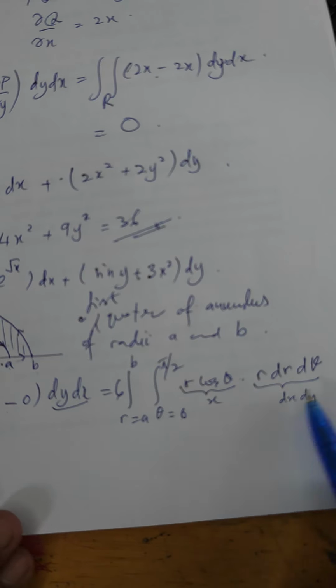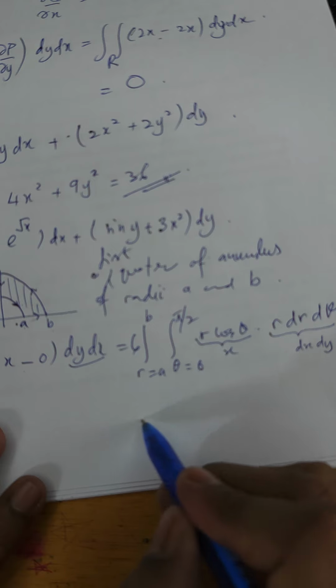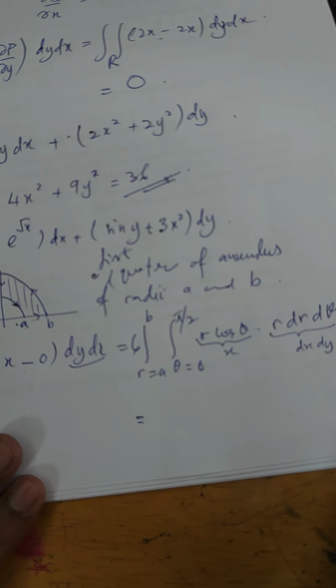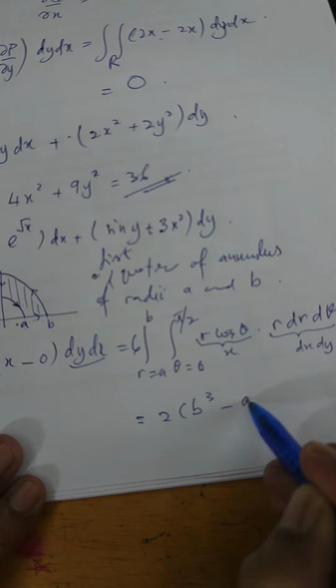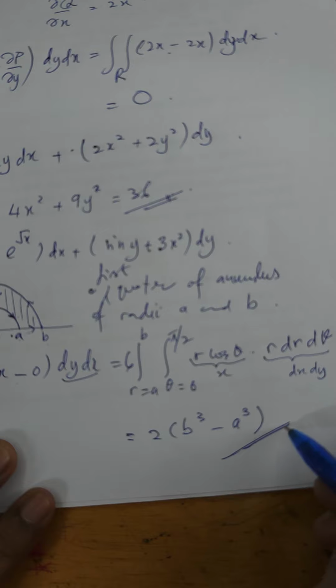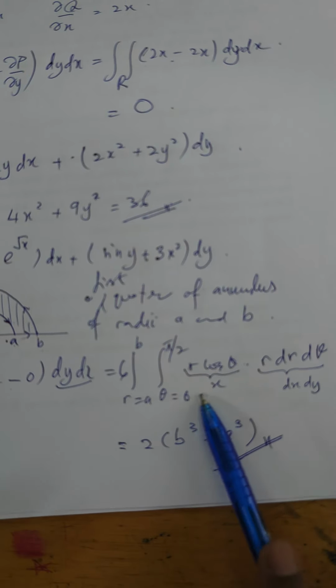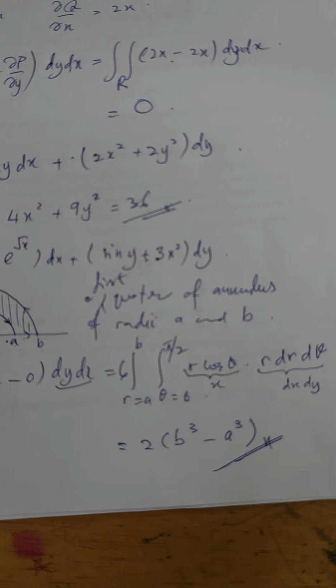Having done this, it's easy for you. I just give the solution: this gives you 2 (b cubed minus a cubed). That's all. This is a very straightforward integration, so I don't have to go into detail.